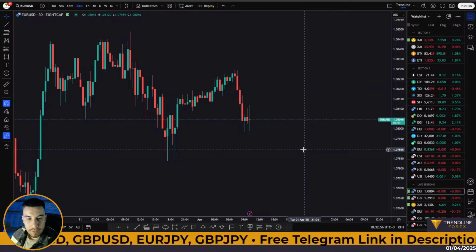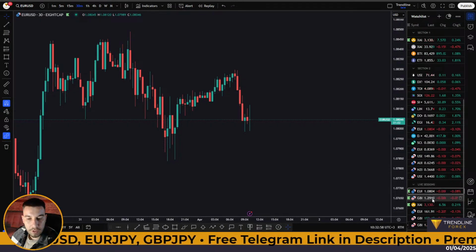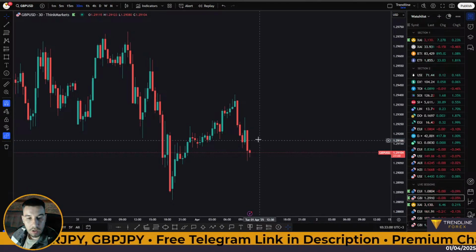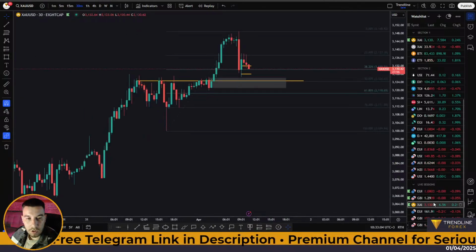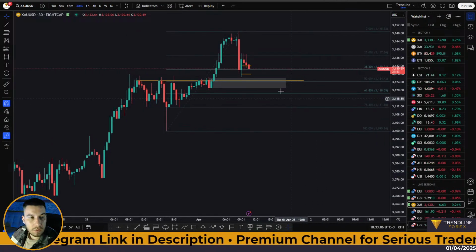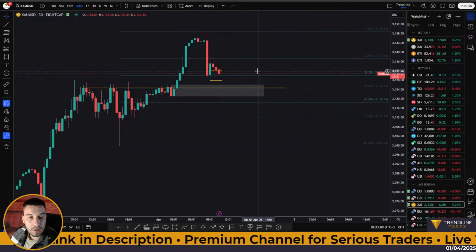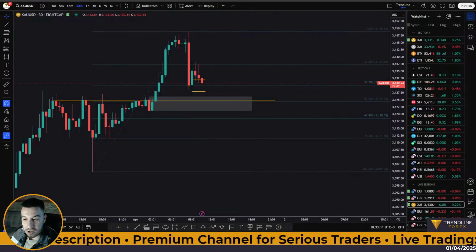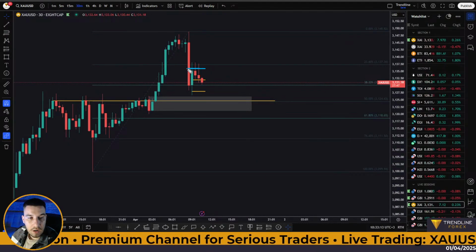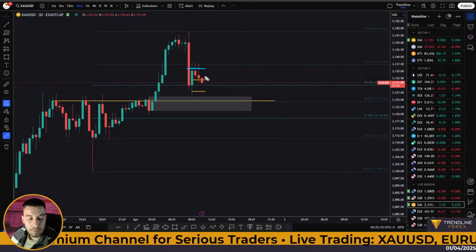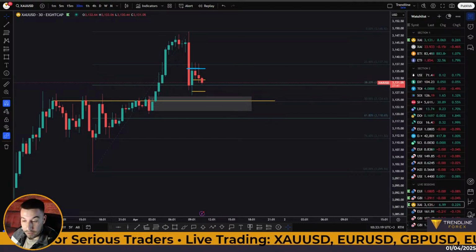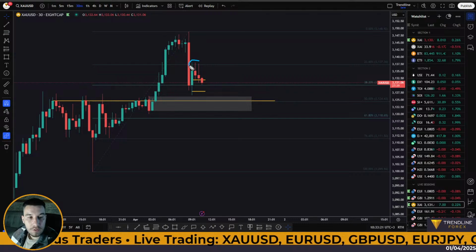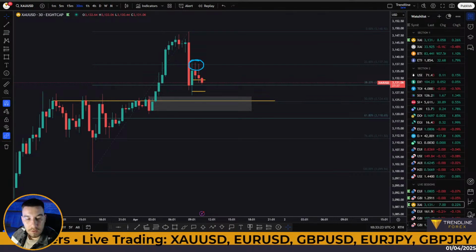Checking out 30-minute candles on euro dollar, a bit of indecision right here. A kind of bearish candle here on pound dollar, and at least for now, it looks like gold is rejecting higher levels and it's about to continue to the downside. This is what we see from those rejection wicks.